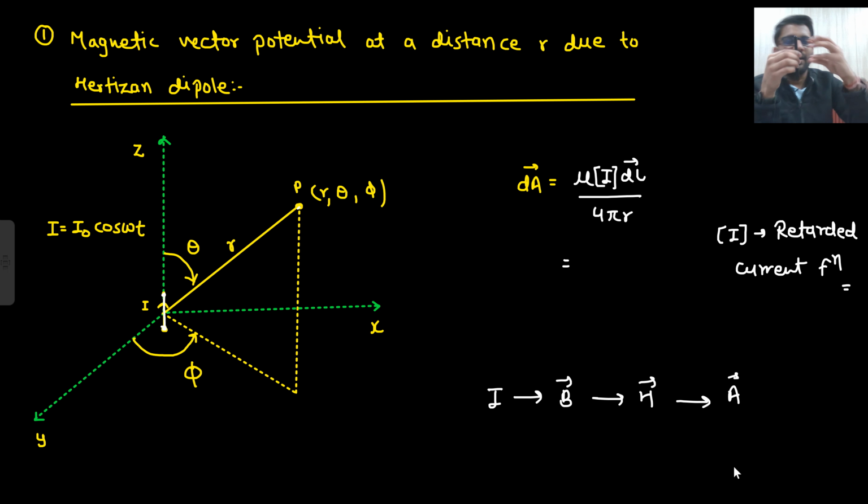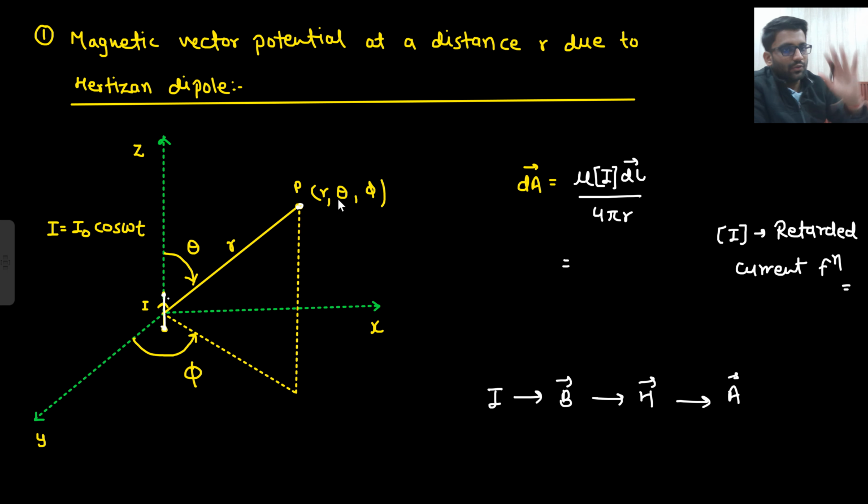Now, if some waves are being radiated from this antenna, it will take some time for them to reach this point, no? If you remember our animation, when the waves were generated, it took some time to reach from here to there.